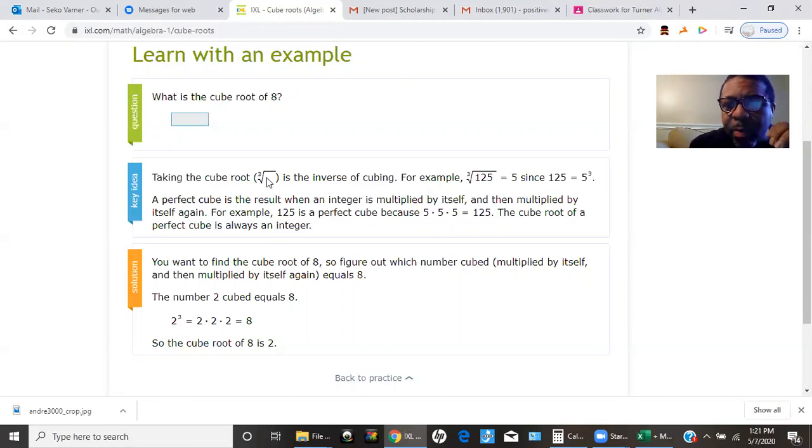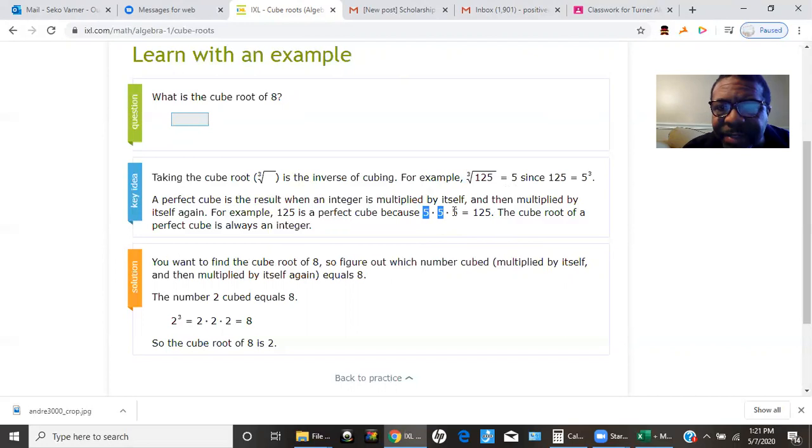And so what you're doing is you're trying to figure out what times itself 3 times would give you the number. For instance, the cube root of 125 is 5, because 5 times 5 times 5 equals 125. So the cube root of 125 is 5.